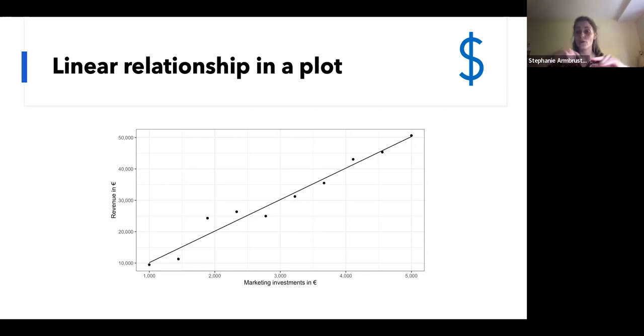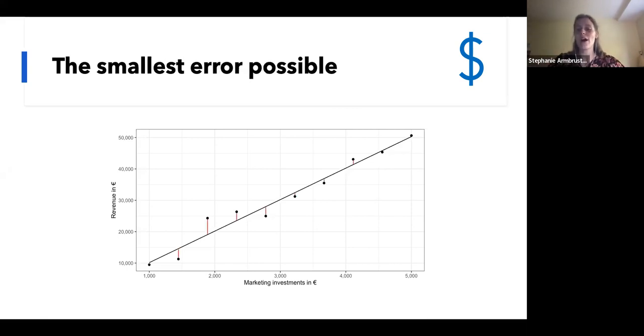And so we need to draw this line and detect the real relationship as closely as possible to the points, such that the difference between what the line would tell you and what the actual measurement is, which is denoted here with these red lines, is minimal.